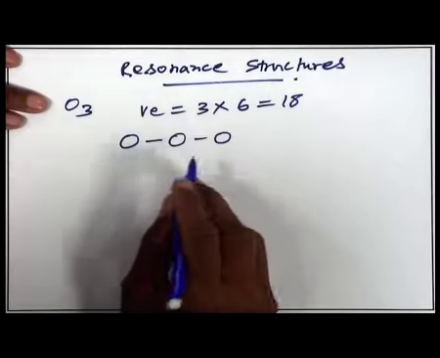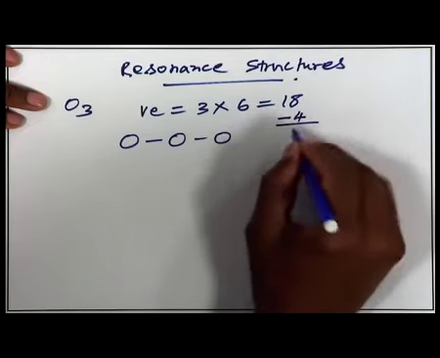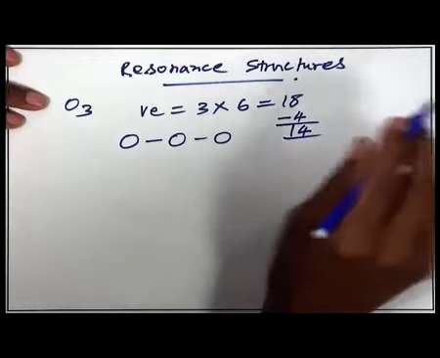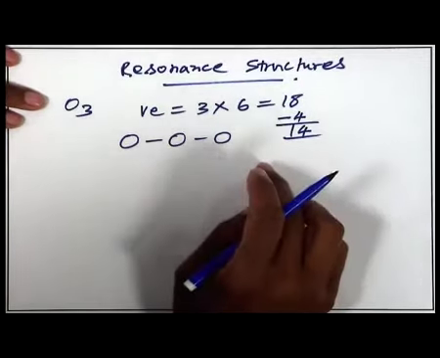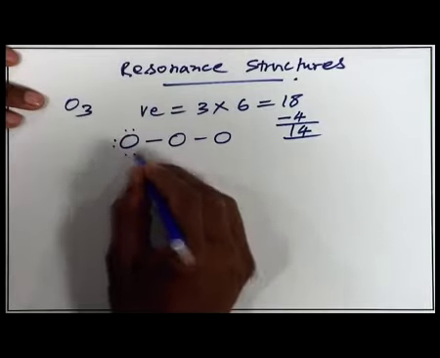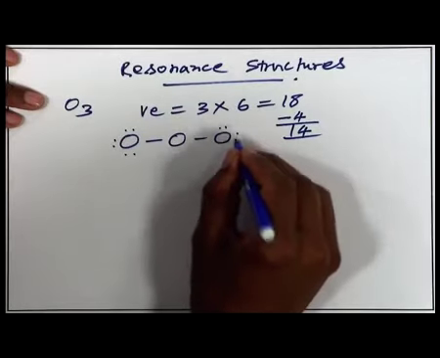Drawing 2 single bonds consumes 4 electrons, so you subtract those 4 electrons from the total valence electrons: 18 minus 4 leaves 14 electrons. These 14 electrons should be distributed among the 3 atoms in such a way that each atom attains 8 electrons. So let us do it this way, this way, this way, and then this way, this way, this way.